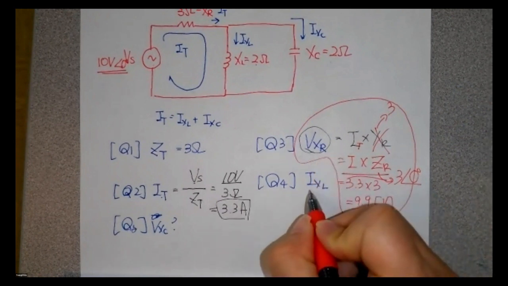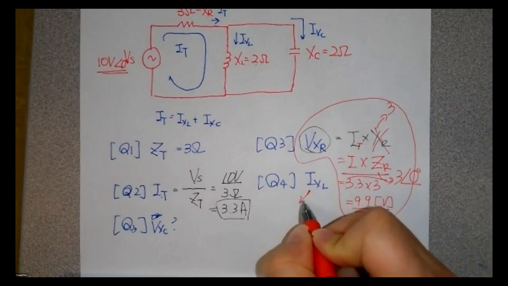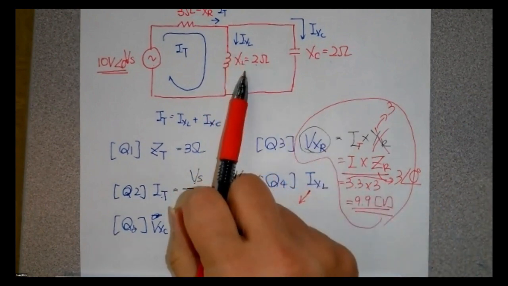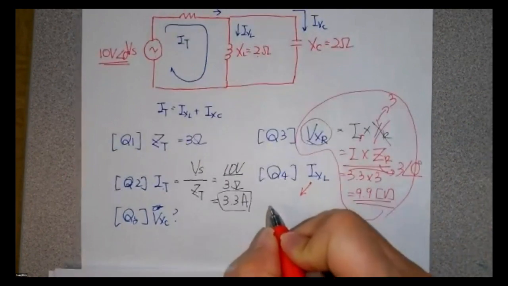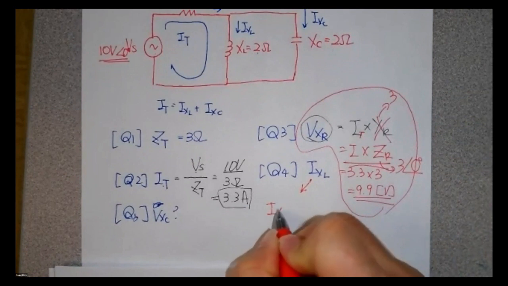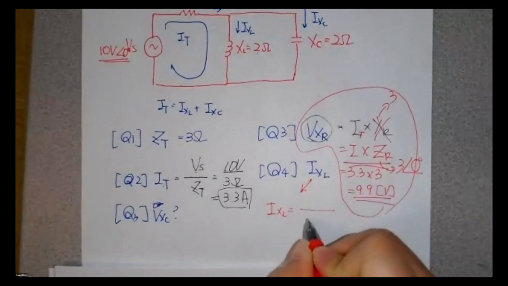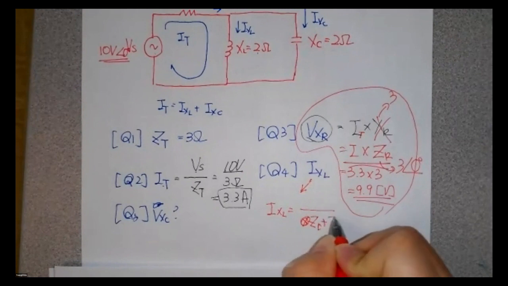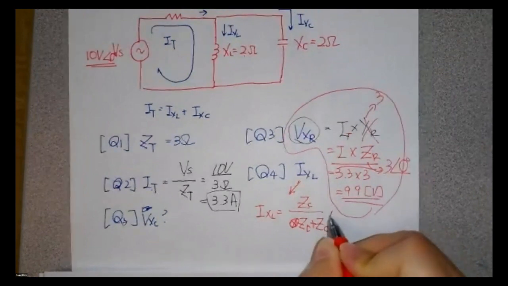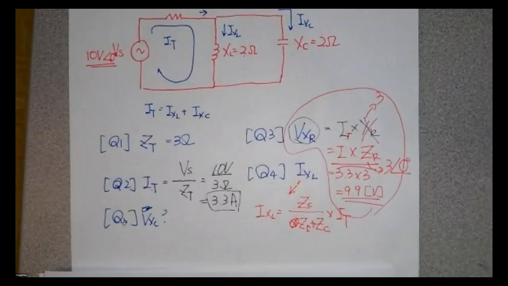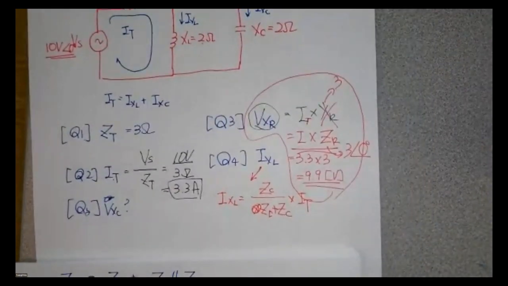So the question 4, what is the I sub X of L? What is the I sub X of L? So right there, I sub X of L is Z sub L plus Z sub C over Z sub C multiply I sub T. Very important.